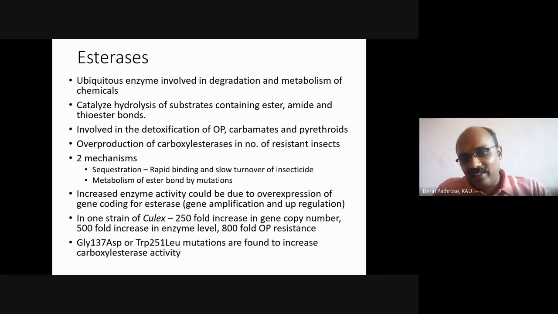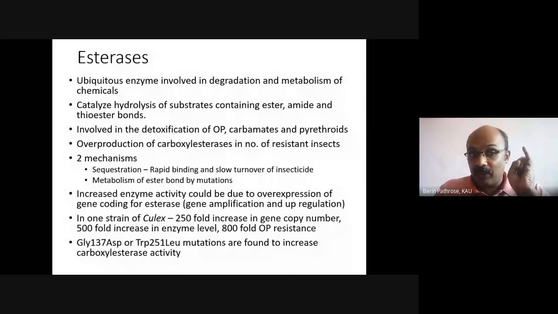And this esterase, as I told you, has the ability to hydrolyze ester bonds, amide bonds, as well as thioester bonds. So esterases not only catalyze the metabolism of compounds containing ester bonds, they also catalyze the detoxification of compounds containing amide or thioester bonds.